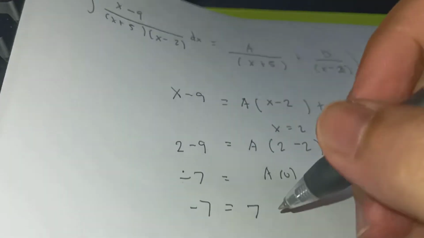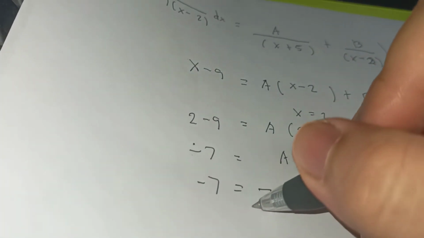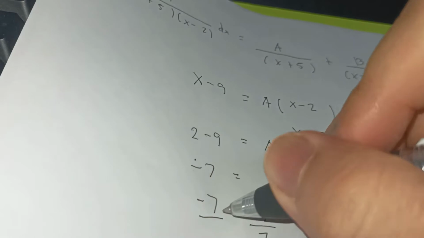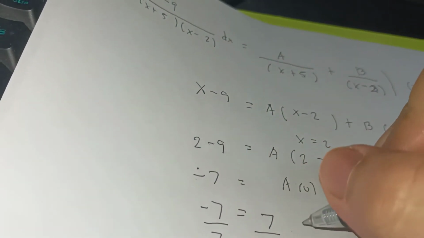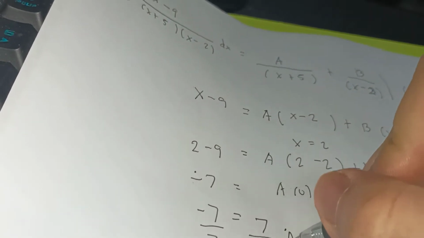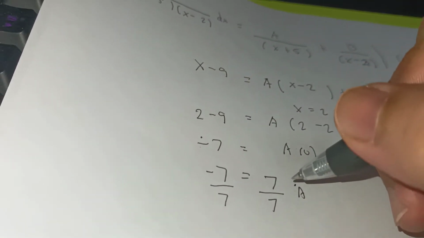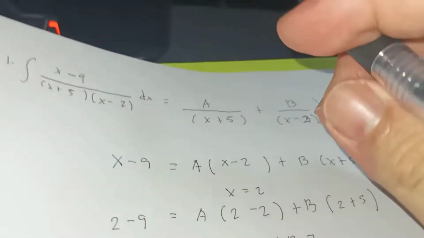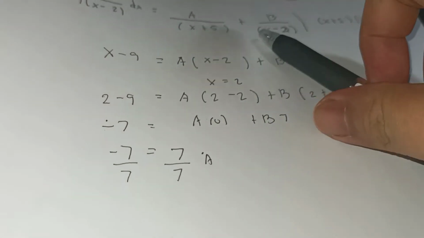What's going to be here? We have to divide them out by 7 to get the B here. So try to calculate.